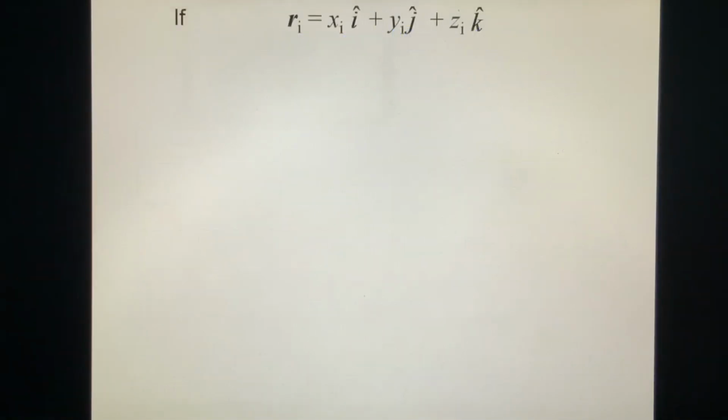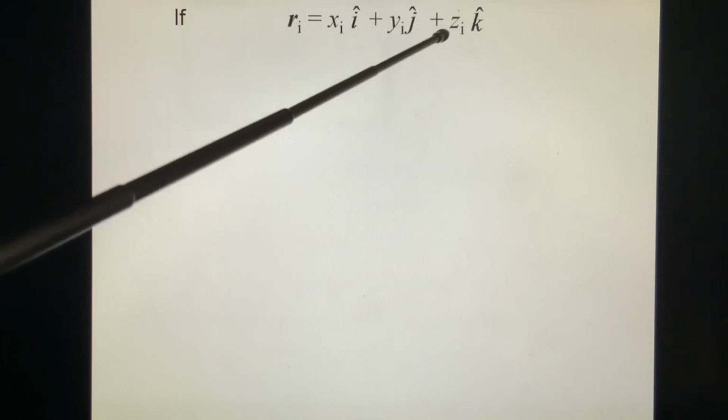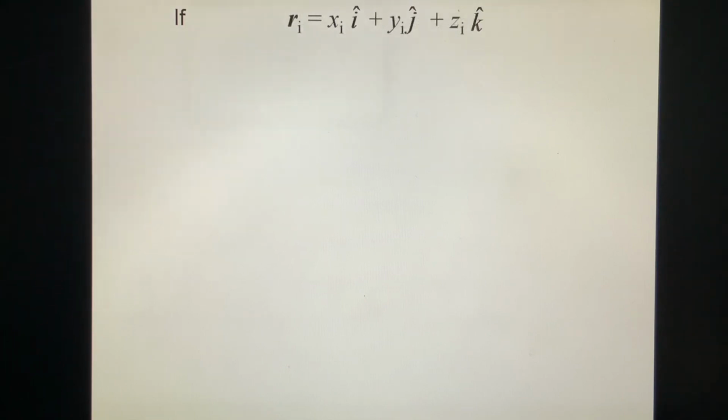What we do: in a system, the particle number i has its location ri, with components xi i, yi j, and zi k, where i can be 1, 2, 3, 4, 5, up to many.